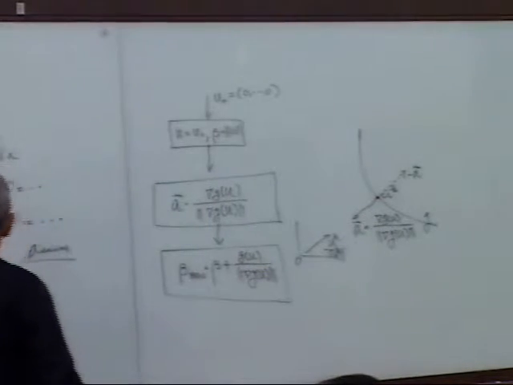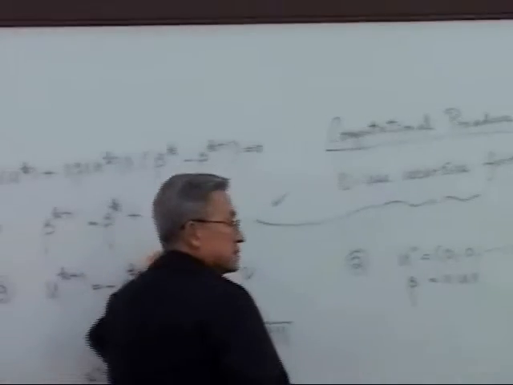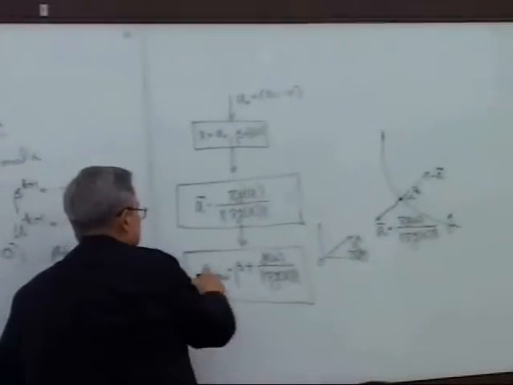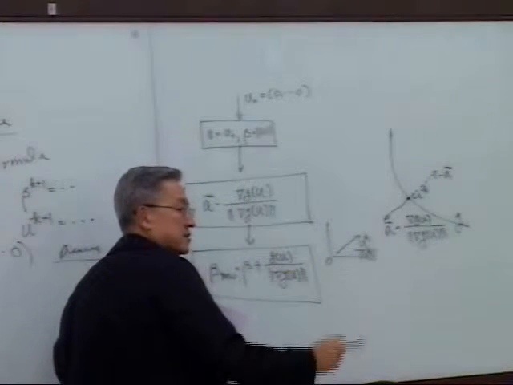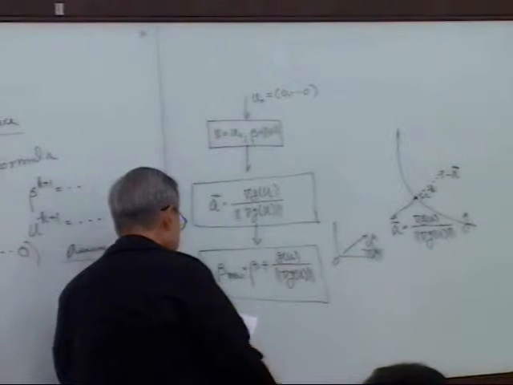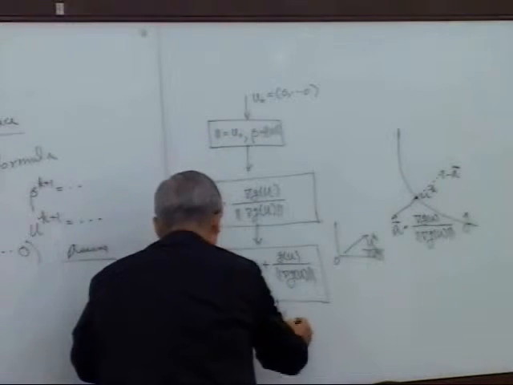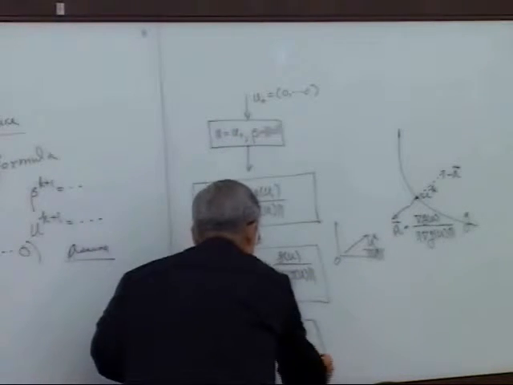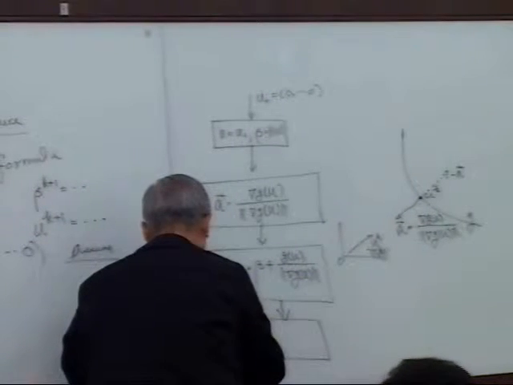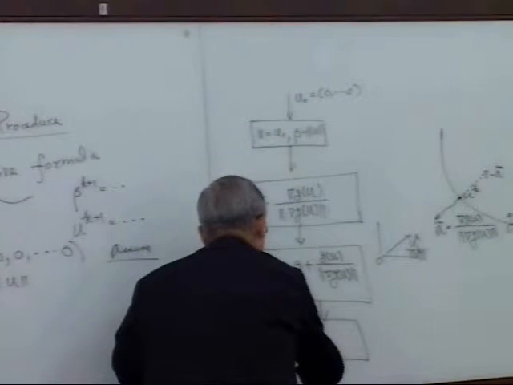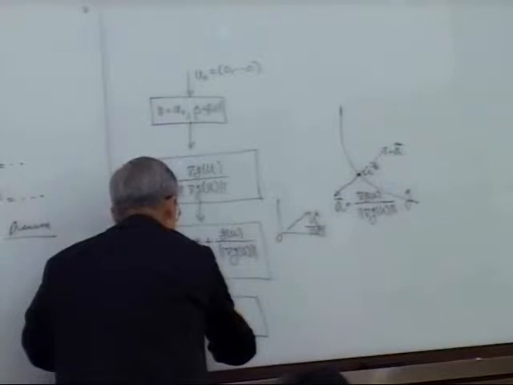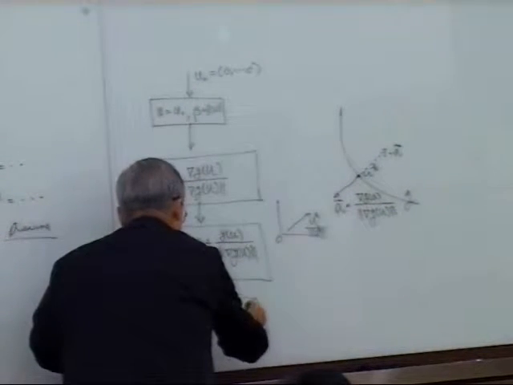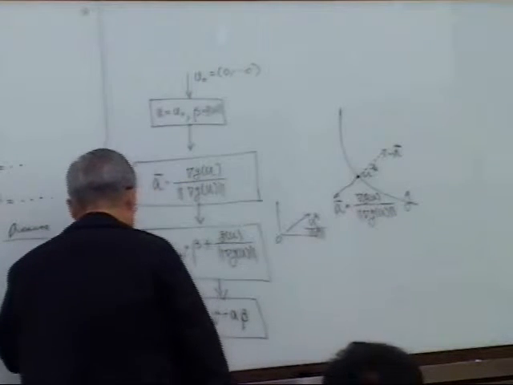This is exactly this update process. This is k plus 1, this is beta k, getting into the next step. Then the next step is u new is equal to minus a times beta.